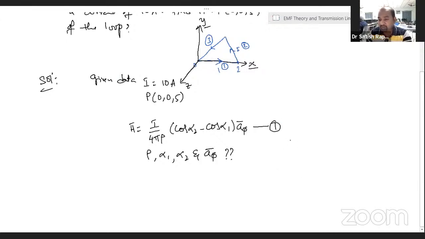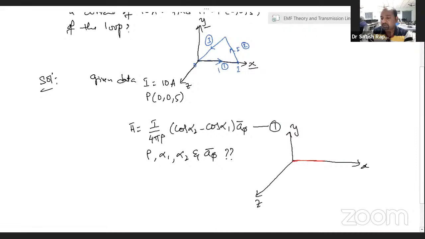To determine all these parameters, let me redraw the figure. This is Z, X, and Y, right? With respect to side one, side one is this.